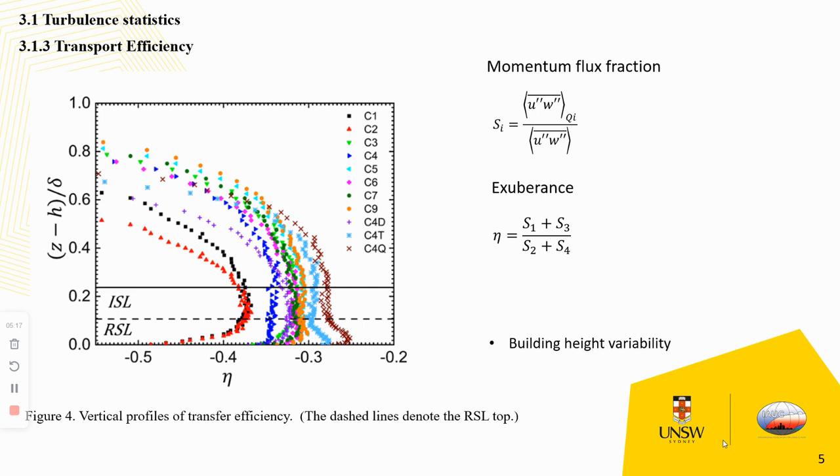From the different drag coefficients, we can see that as the drag coefficient increases, the transport efficiency increases. For the cases C4D, C4T, and C4Q, we can see that the building height variability plays an important role in the transport efficiency, in particular close to the urban canopy.